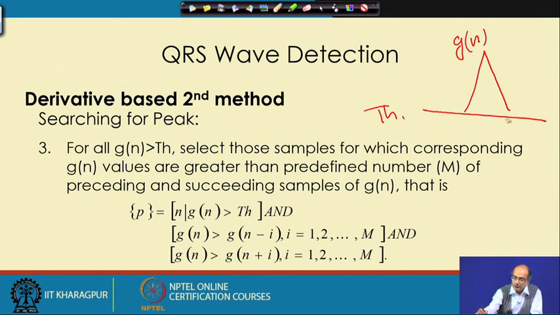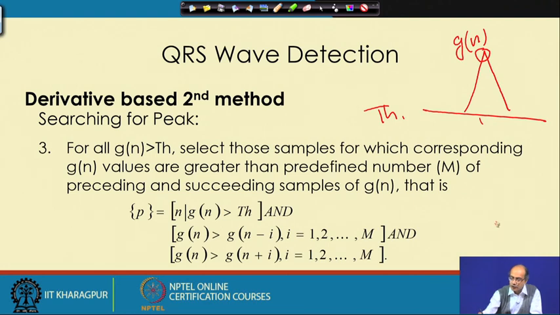This peak should be a prominent peak. What we mean by that is, if we look at both sides of the peak, there should be a sufficient number of points. To be more specific, they have taken a predefined number, m points on both sides, which should be lower than this peak value.